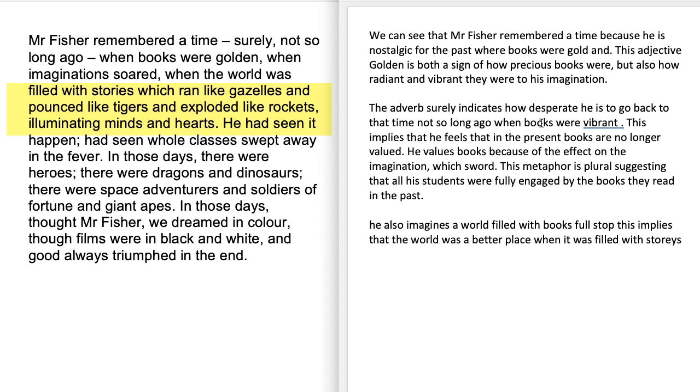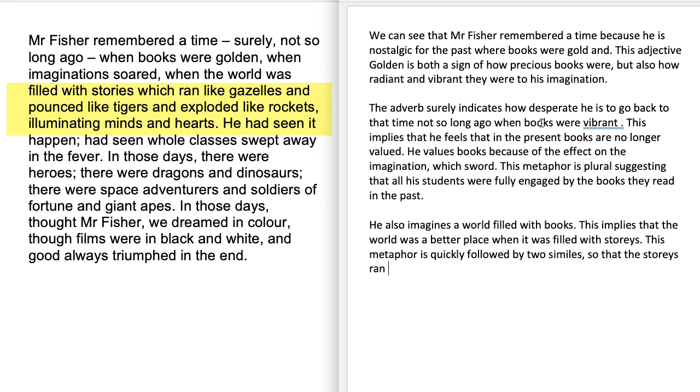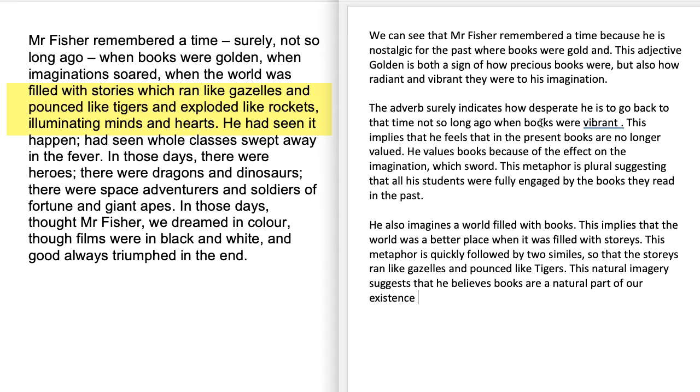This metaphor is quickly followed by two similes, comma, so that the stories ran like gazelles and pounced like tigers. Full stop. This natural imagery suggests that he believes books are a natural part of our existence and should be celebrated. Full stop.